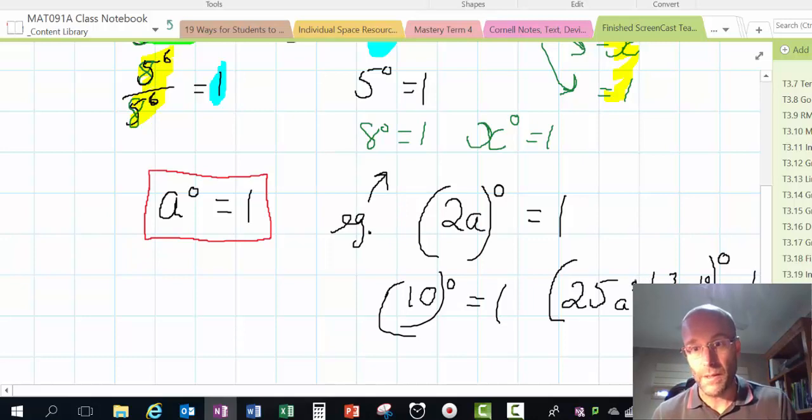So anything grouped together with brackets and raised to the power 0, whether it's simple like our a to the 1 over here or very complicated, the answer is 1.